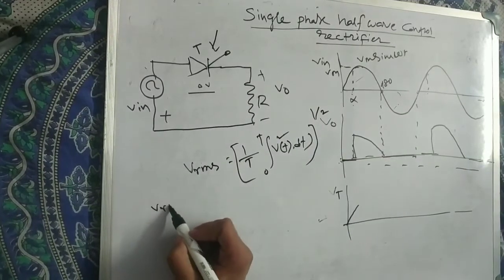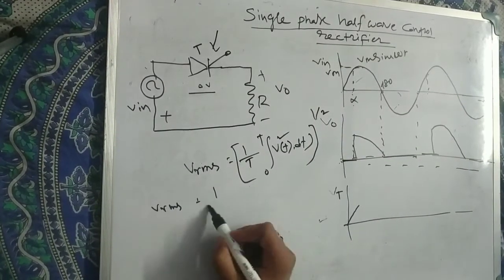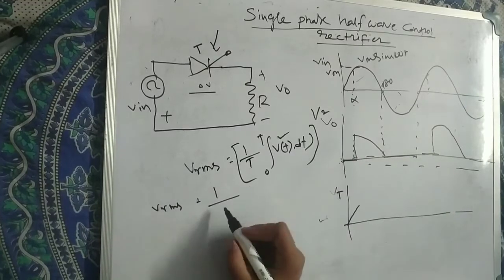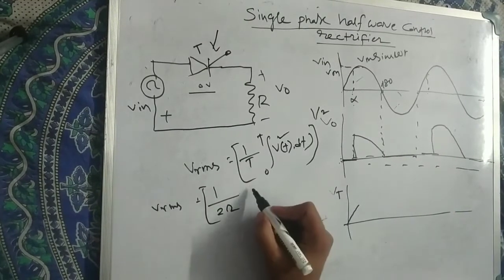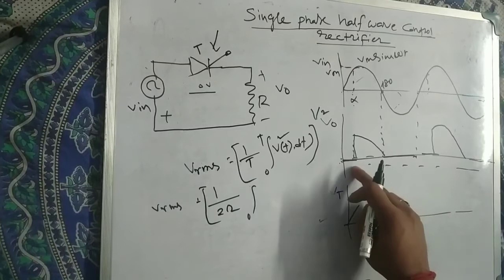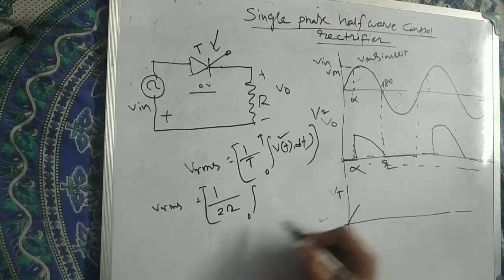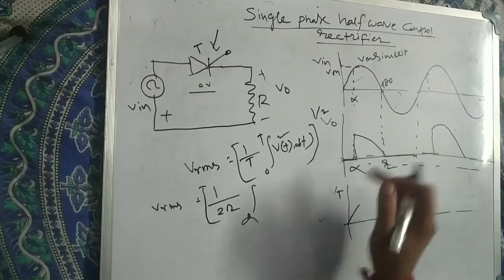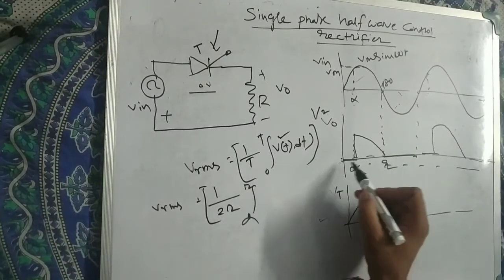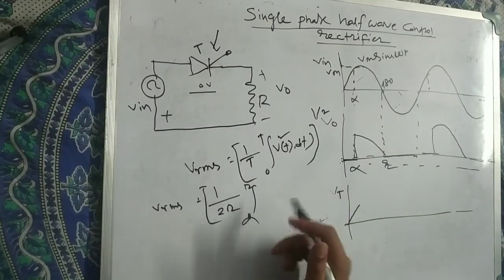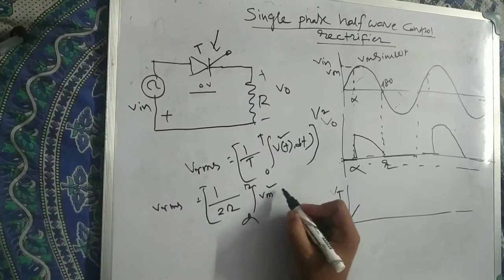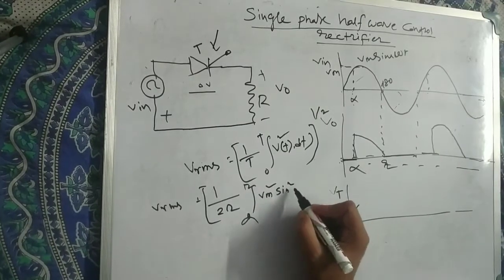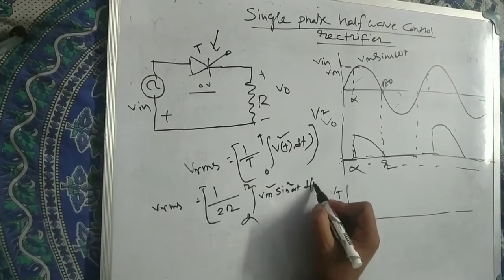So Vrms will be, here the time period is 2 pi, but you are getting the output at alpha to pi, and in the other half you are getting 0, so it is meaningless to write. So Vm square sin square omega t d omega t.